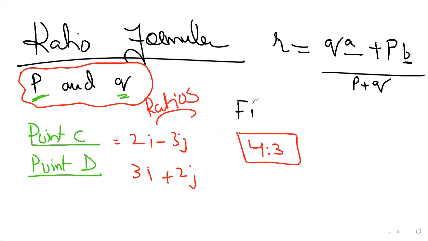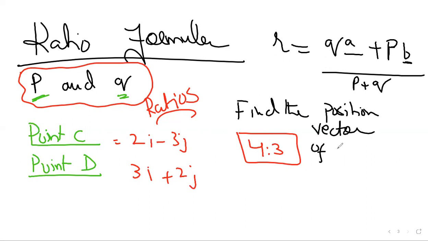If you have it written like this, find the position vector of the point of division. If you recall your analytical geometry, you will get an idea.